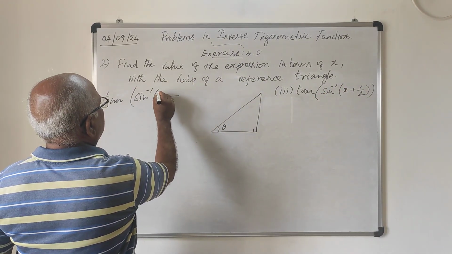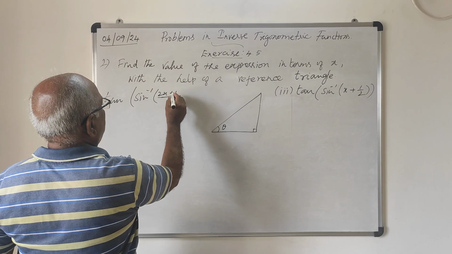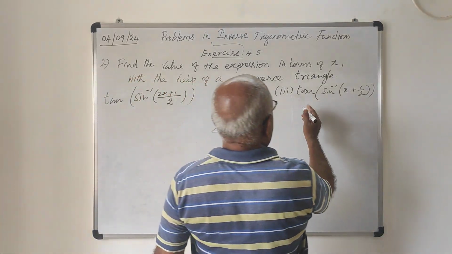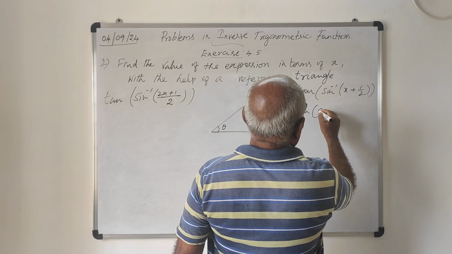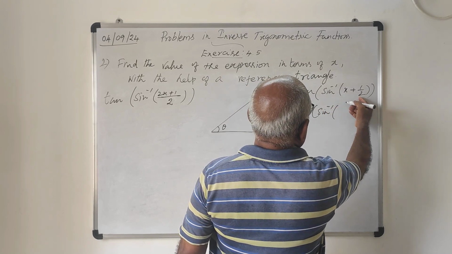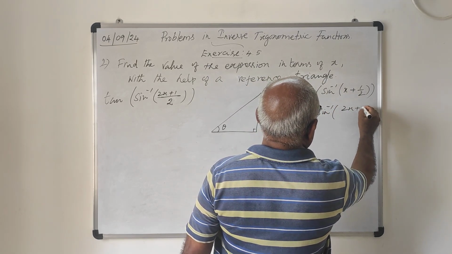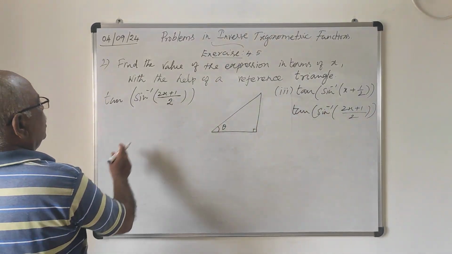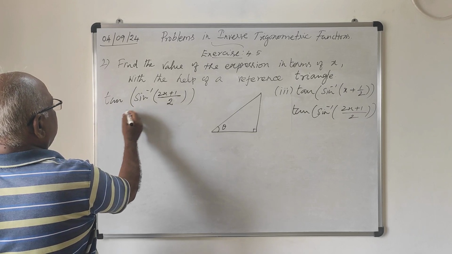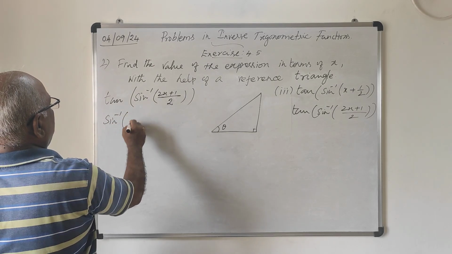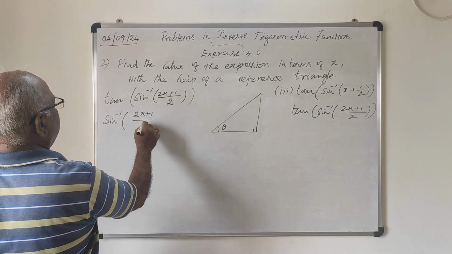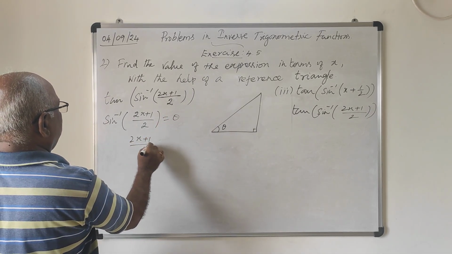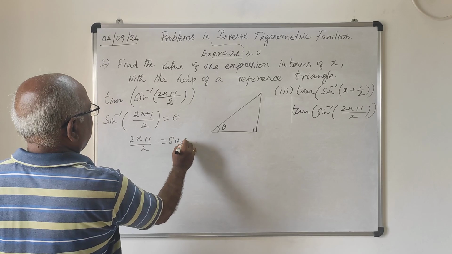So after taking LCM, this problem becomes tan of sin inverse of 2x plus 1 by 2. This is the problem. You consider sin inverse of 2x plus 1 by 2 as theta. Therefore, you get 2x plus 1 by 2 is sin theta.